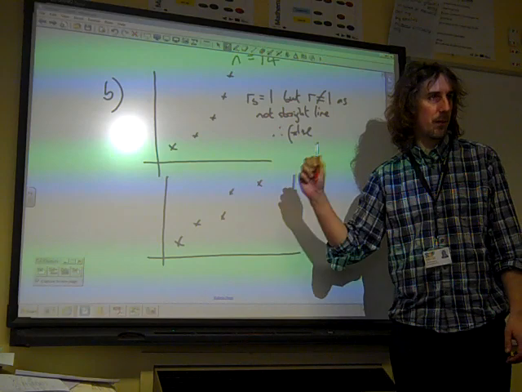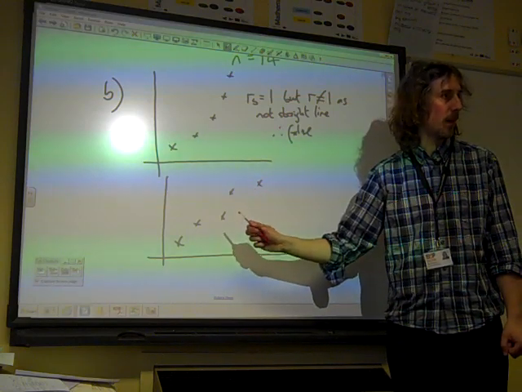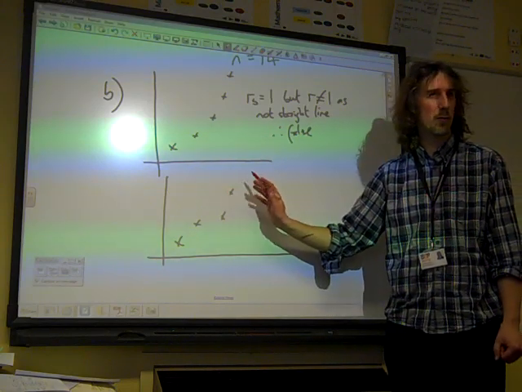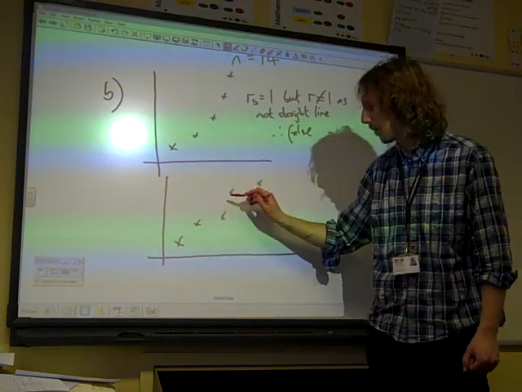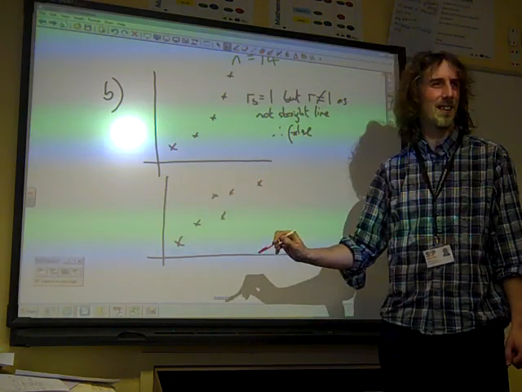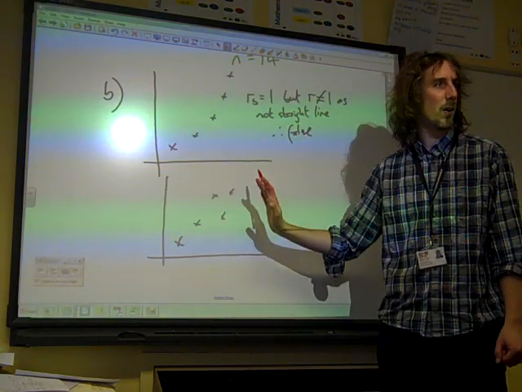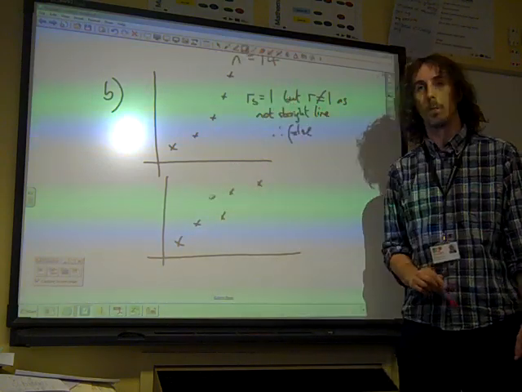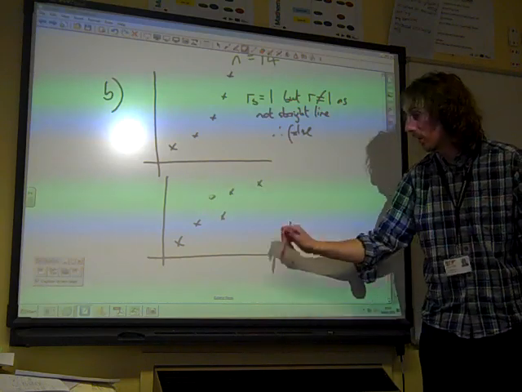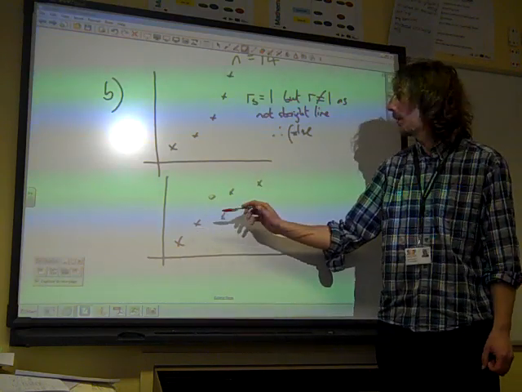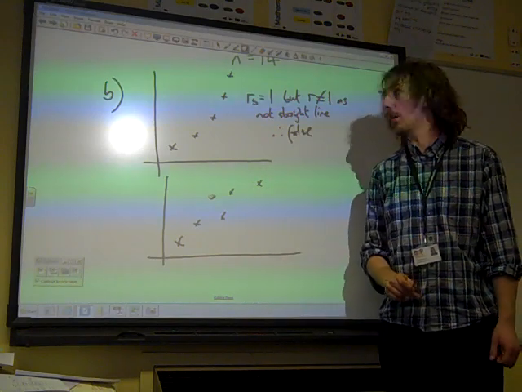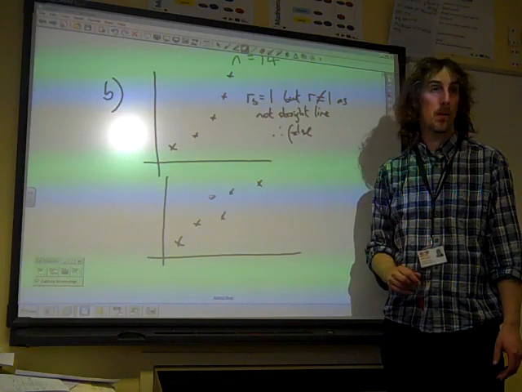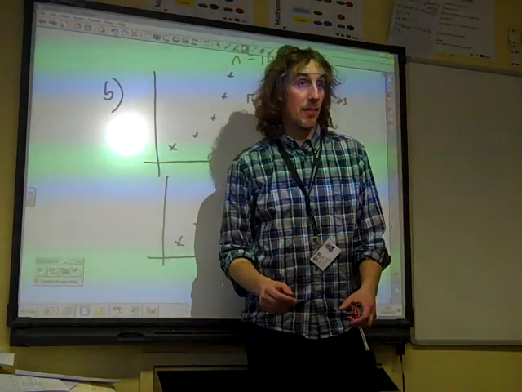I find that one a little bit more difficult to draw, and quite a few of you did as well, because what tended to happen was you get one of the points creeping the wrong side of the other one, and suddenly you've destroyed your perfect ranked correlation. So you have to be really careful when drawing it like that, but that gives the same thing. That would still have rs equals 1, but r would not be equal to 1, and so that would prove that it was false again. Okay? And that's maths.